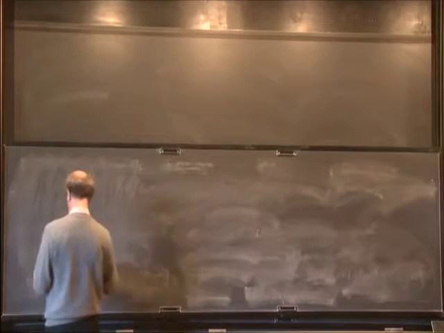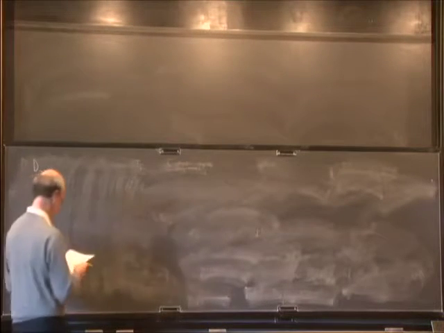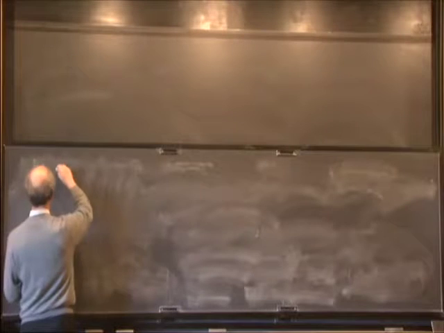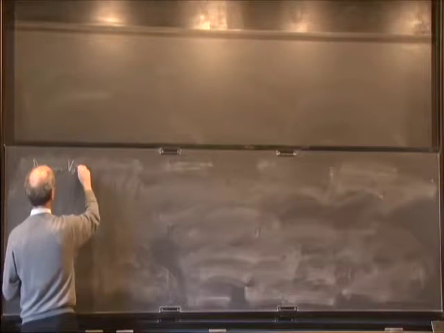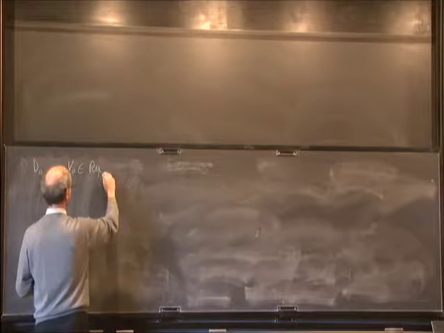So what you do, you start from a D naught, which is arbitrary. By Fontaine's equivalence of categories, you have a V naught, which is a Galois representation.